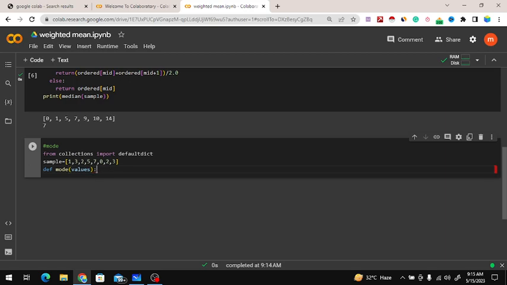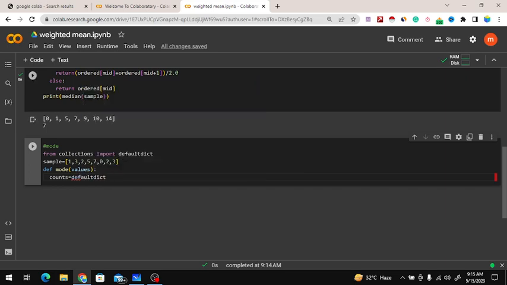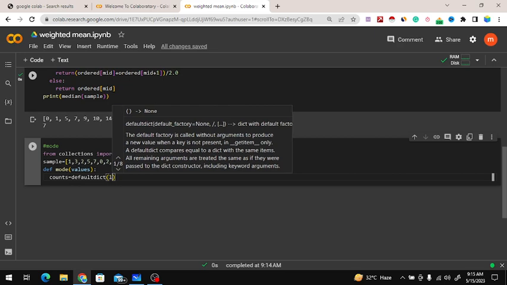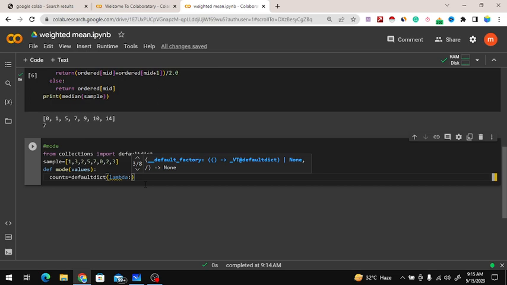So we have created our own function, and we will count. Counts is a variable. So counts should be a defaultdict, and we will use a lambda function. So it's defaultdict lambda, and it should be equal to 0.